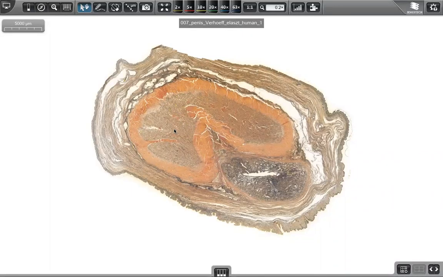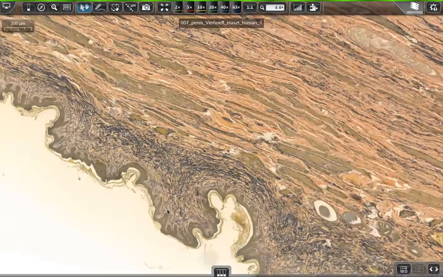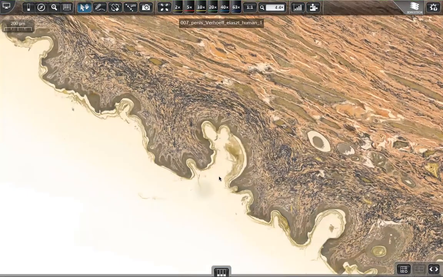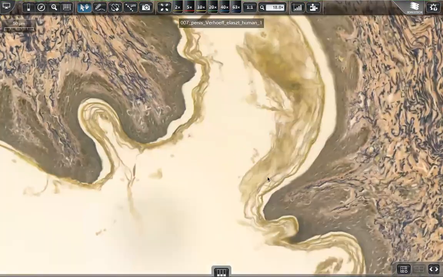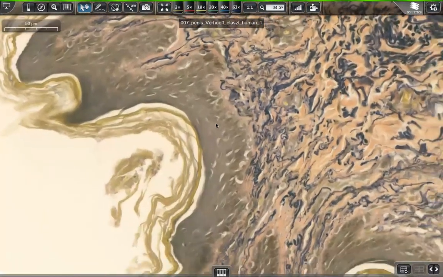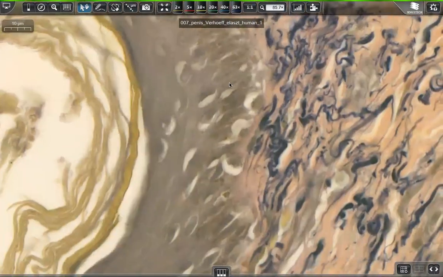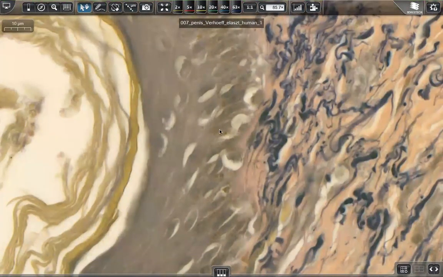And the surface, just looking at the surface, it's a typical stratified keratinized squamous epithelium. Obviously it's a thin skin, but there is an important thing. These brownish somethings here are melanocytes because it's a pigmented skin.